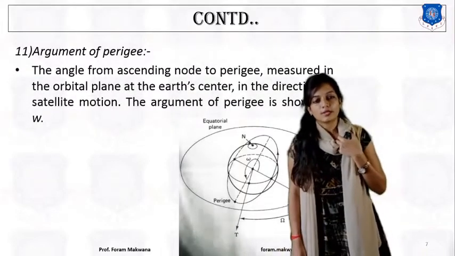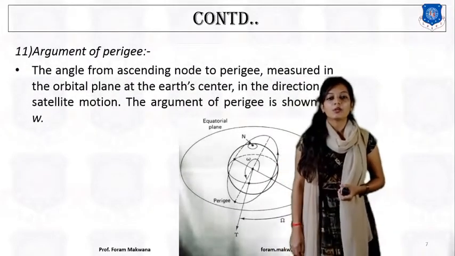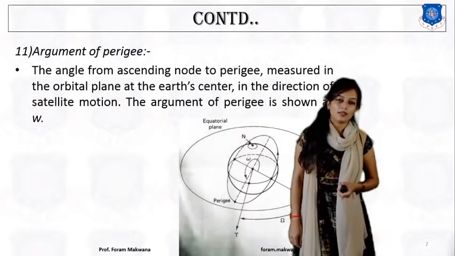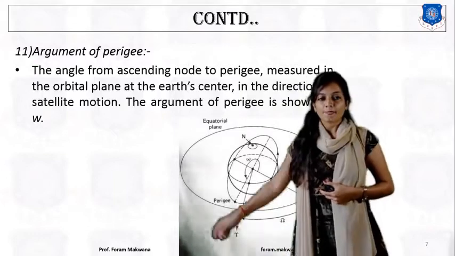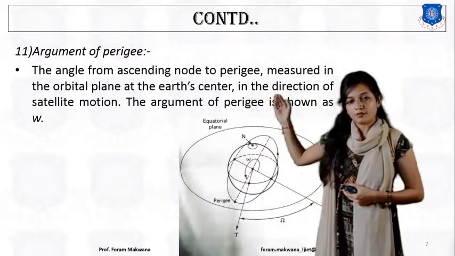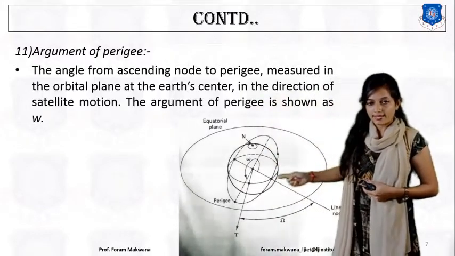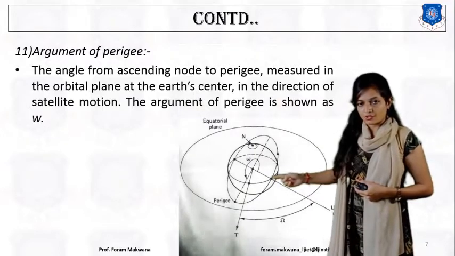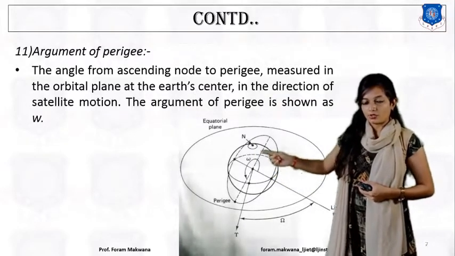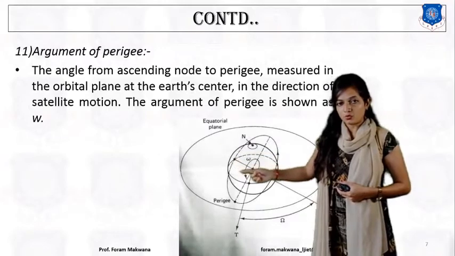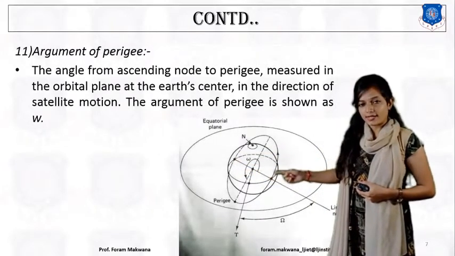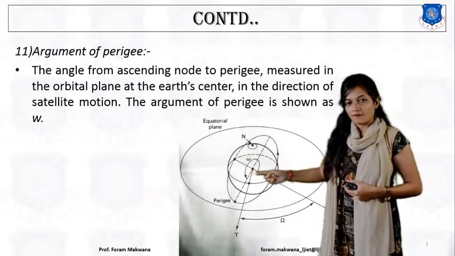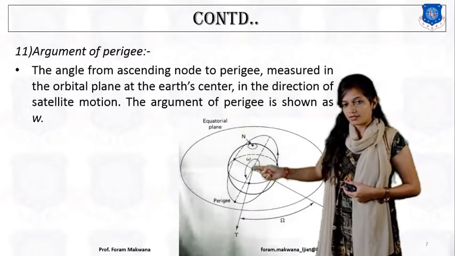This is the most important definition, that is the argument of Perigee. Now, what is argument of Perigee? It is the angle from the ascending node which is measured in the orbital plane to the direction of satellite motion at Earth center.